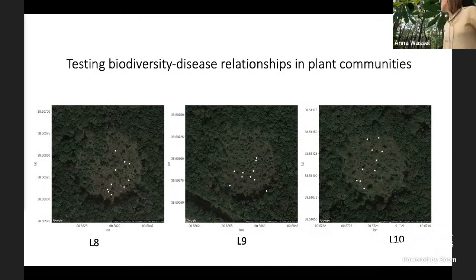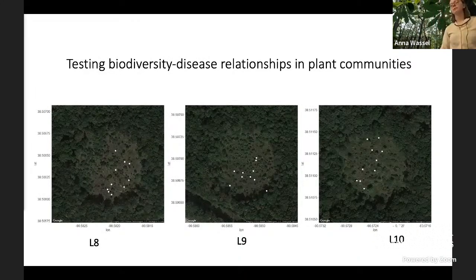And each of these are large, circular sites that were made in an attempted glade restoration at Tyson. Glades, I'm not going to get too much into what a glade is because there's not a lot of time. I can talk about it afterwards. But for the purposes of this talk, these are mostly herbaceous plant communities.